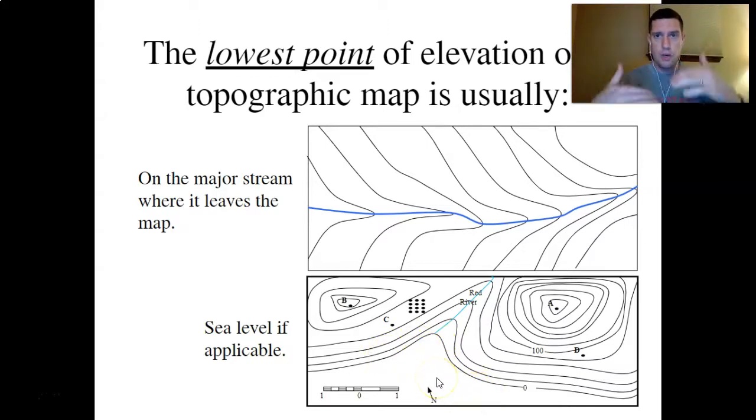That's water. You've hit the ocean shore. So on a map, if you can find 0, you're at the ocean, and it doesn't get any lower than the ocean. Or if you found water, since this is uphill, water is flowing downhill this way. So usually your lowest point of elevation on a map is where the water is leaving your map. Usually that's also a low point.